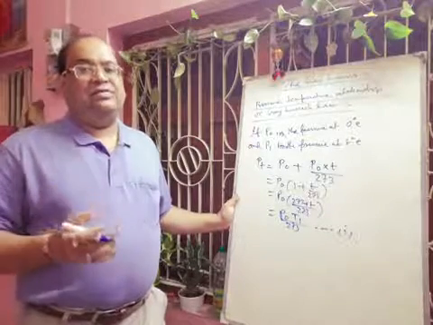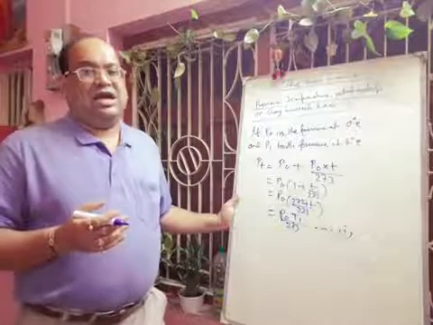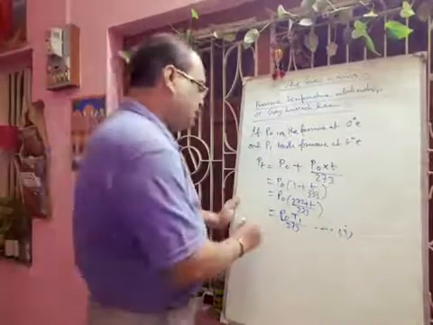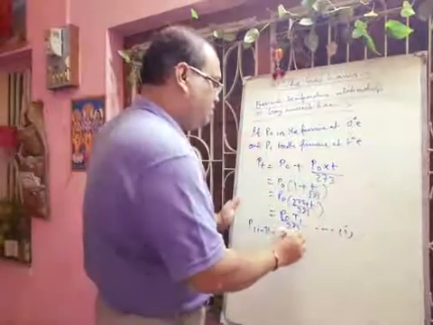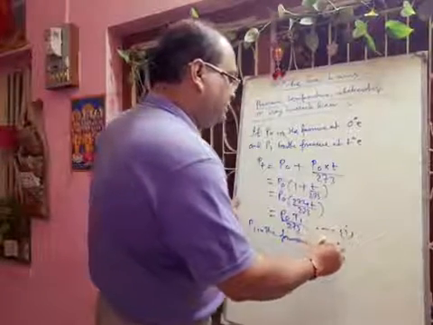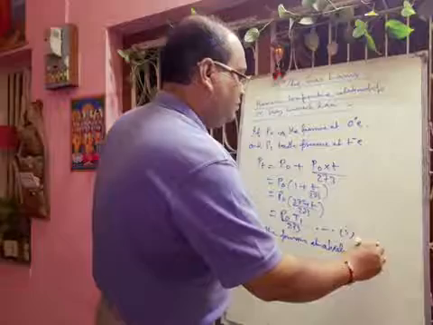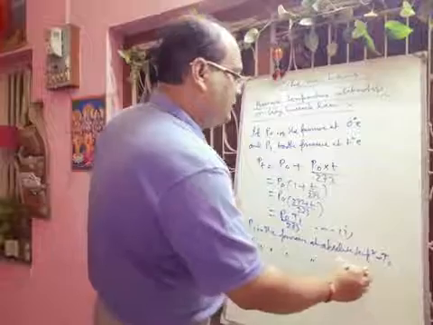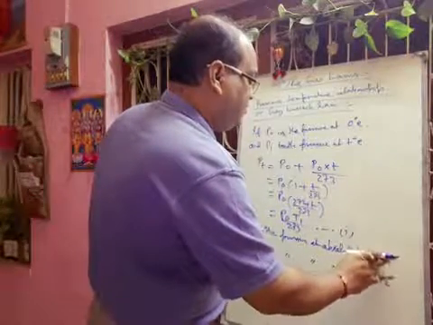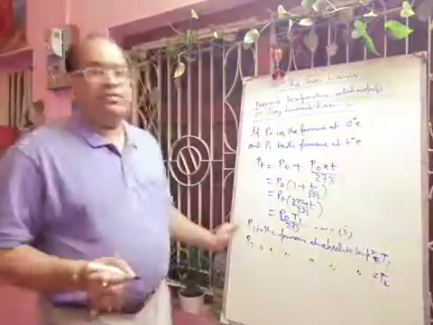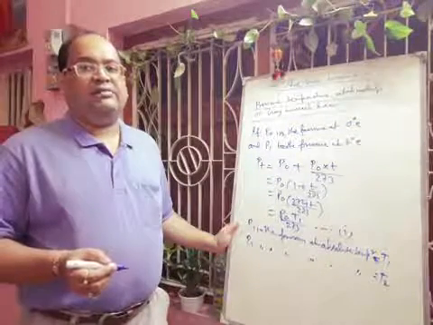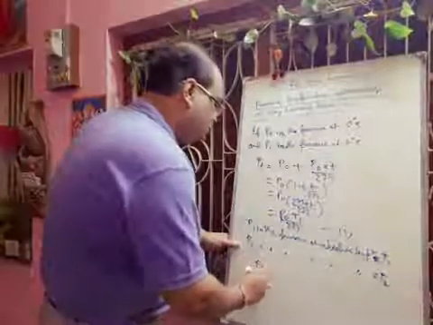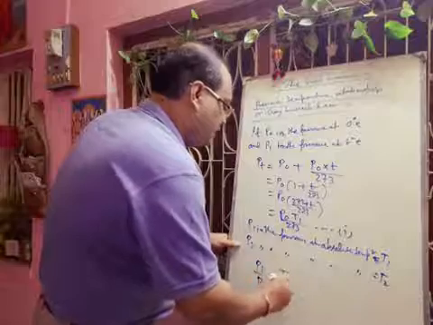In general, if P1 and P2 are the pressures at the absolute temperatures T1 and T2 of the same mass of a given gas, then from here what we can write, if we take the ratio, that is P1 by P2, then definitely we will get T1 by T2.